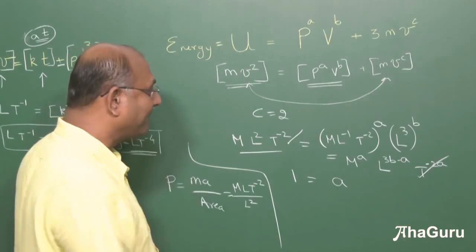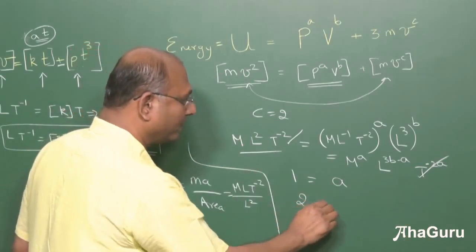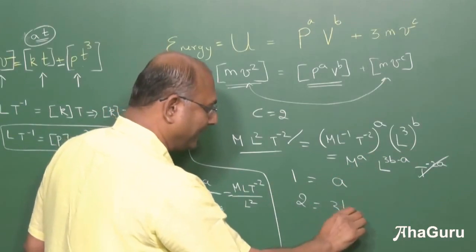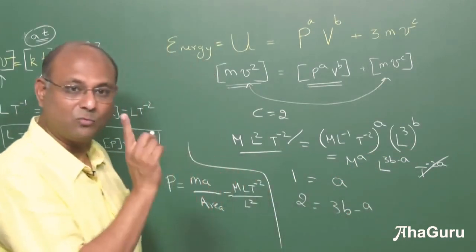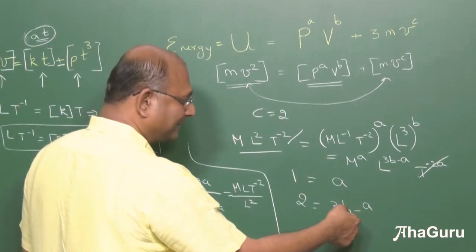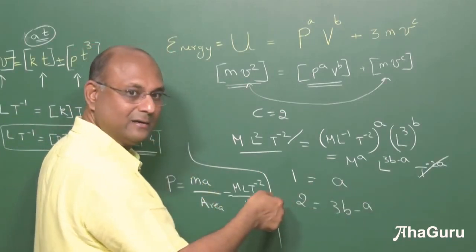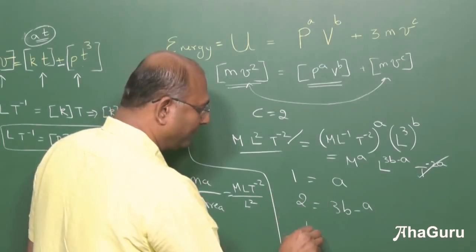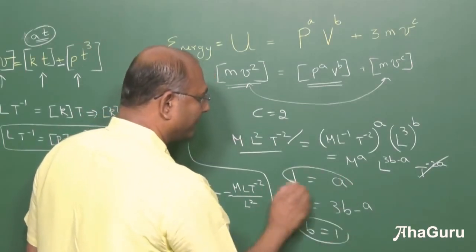Okay, L power 2, so 2 must have come from L power 3B minus A. But remember A was 1. So if I put 1 here, that means 3B minus 1 equals 2; take it to this side, you get 1 plus 2, 3, 3 by 3, 1. So B is also equal to 1.